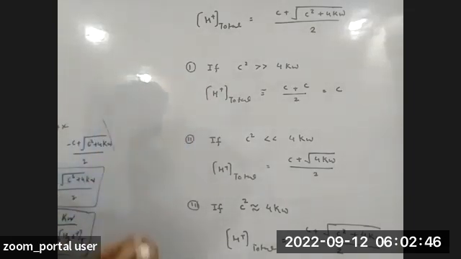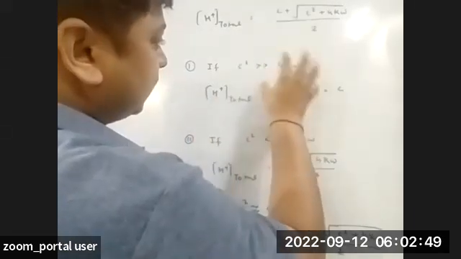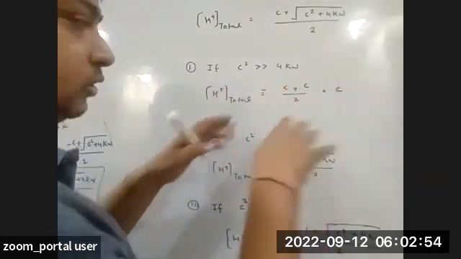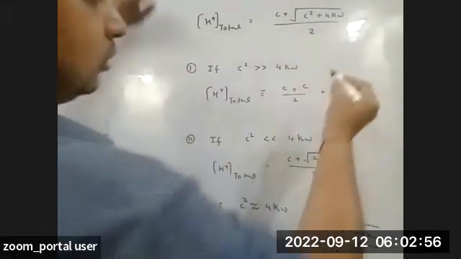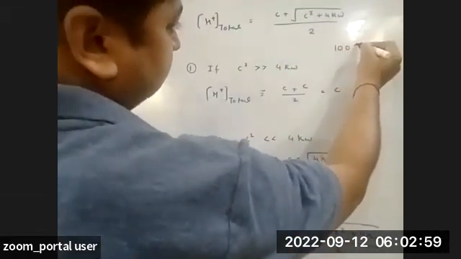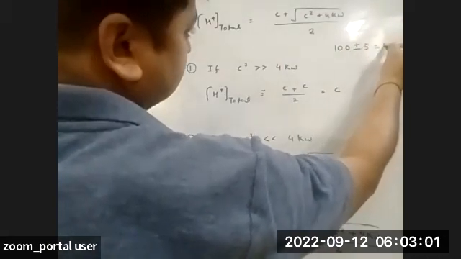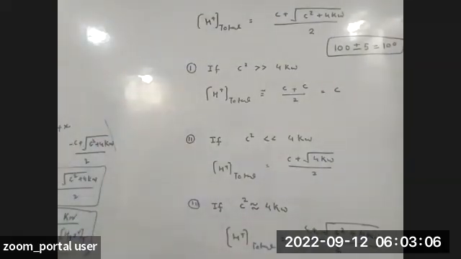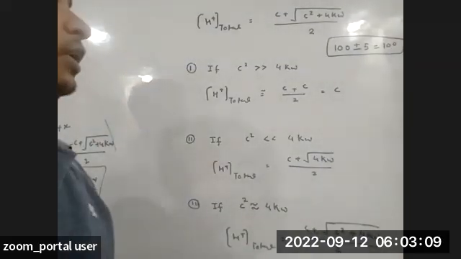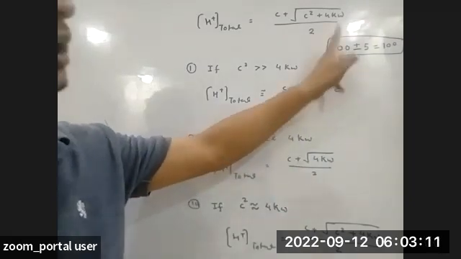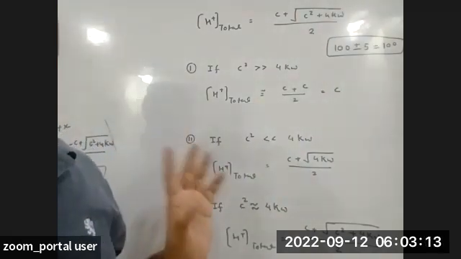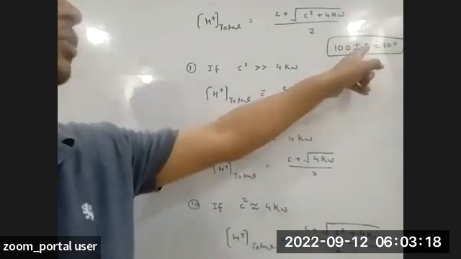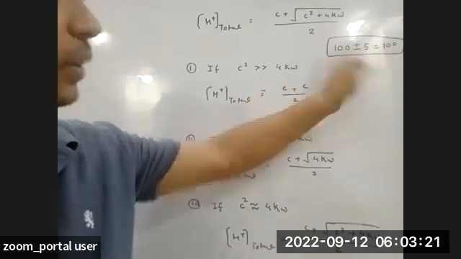And one more thing. I am saying C square is very much greater than 4 Kw. Then what is the reference point of this neglection? You always assume 100 plus minus 5 can be written as 100 in ionic equilibrium. In front of 100, I can always neglect 5.